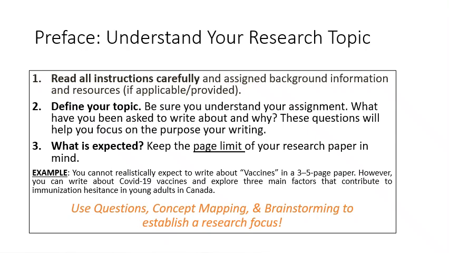But you could write about, say, the COVID-19 vaccines and explore 3 main factors that contribute to immunization hesitance in young adults in Canada. So the page length should help you to determine the focus and how specific you need to get. The shorter your page number, really the more specific your focus should be.